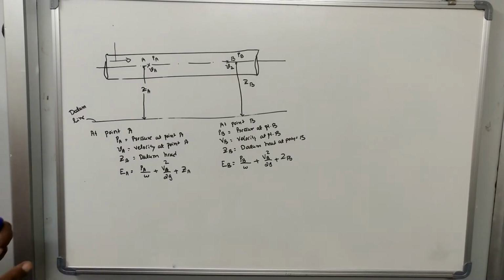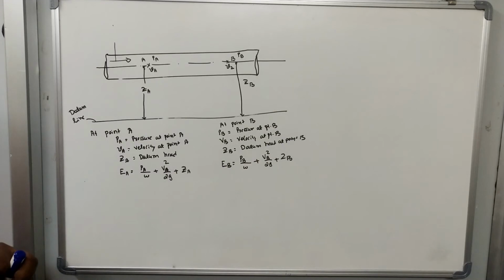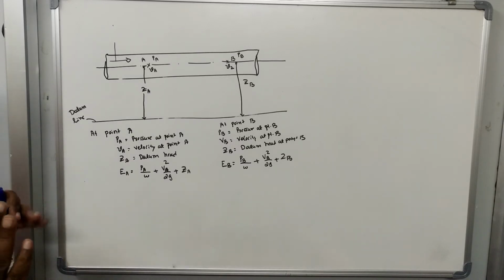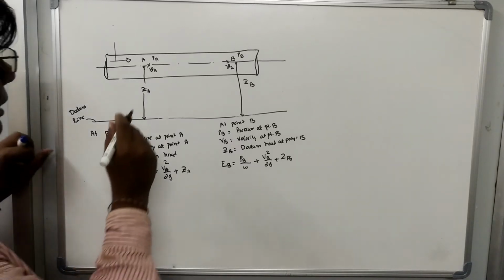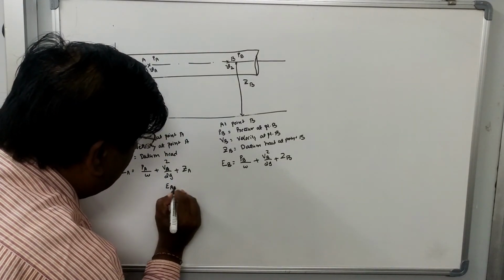Since these equations, that is Bernoulli's energy equation, we have derived for the ideal fluid. Ideal fluid means the fluid is theoretical, it means that no viscosity exists. So if it is ideal fluid, then we have EA is equal to EB.